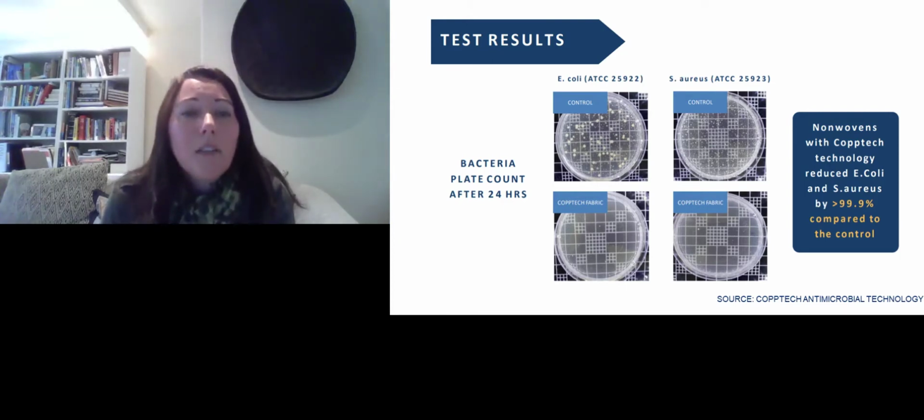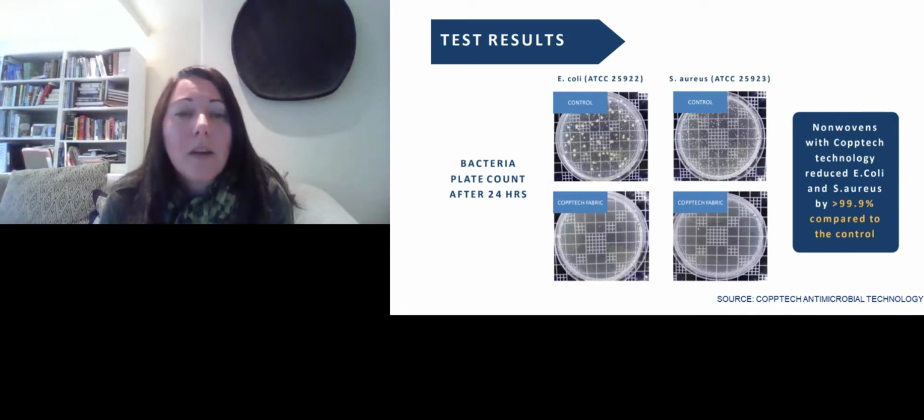So this shows here on the left-hand side, you've got the E. coli test, and the right-hand side is the Staphylococcus aureus, so the staph. And this shows what was the control fabric and what was the fabric that was treated with COPTECH.